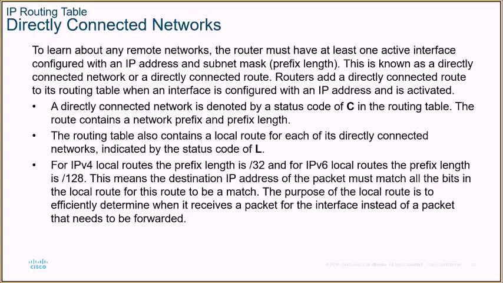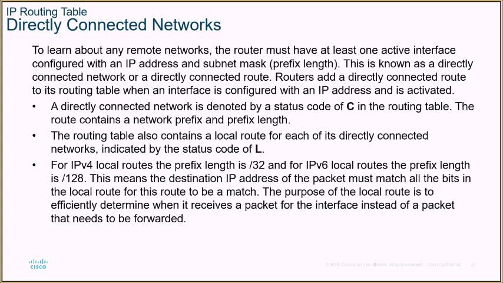The routing table also contains a local route for each of its directly connected networks, indicated by an L. For IPv4 local routes, the prefix length is /32. For IPv6, the length is 128. So that denotes that it's a host address, it's not a network address.